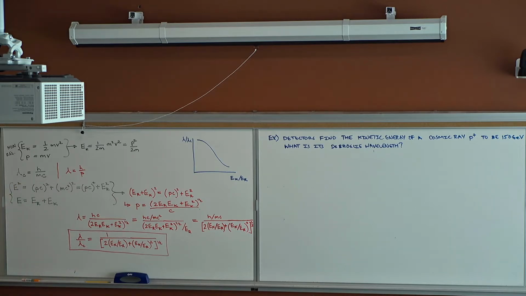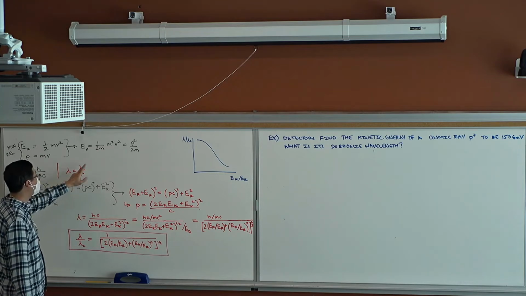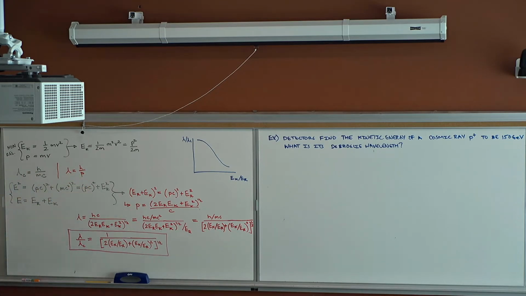I also ask that you recall from our lab a couple weeks ago that the Compton wavelength is h over mc, and from lecture the other day, the de Broglie wavelength, lambda, goes as h over p, where p is momentum. We should also remind ourselves from special relativity that E squared is (pc) squared plus (mc squared) squared.